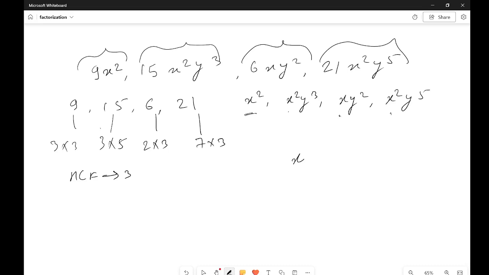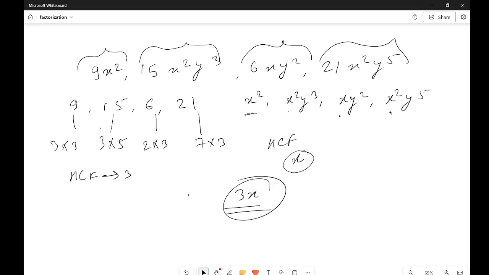Even though the first, second and fourth have x square, the third one has only x, power 1. Hence the HCF will be x. So constant will be 3 and variable x, so the HCF of all four expressions is 3x.